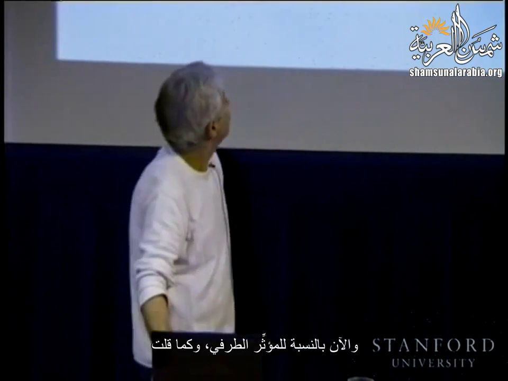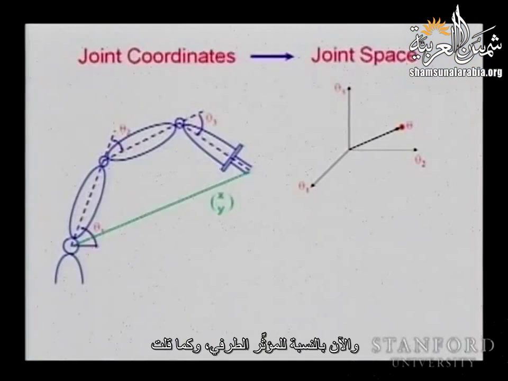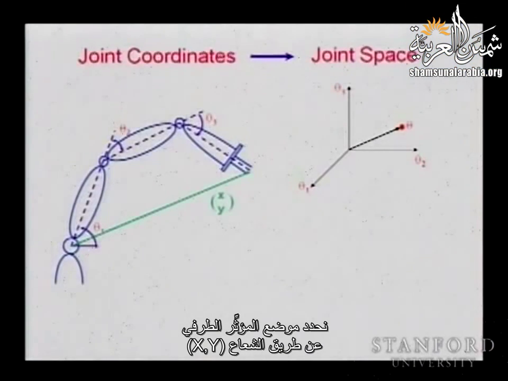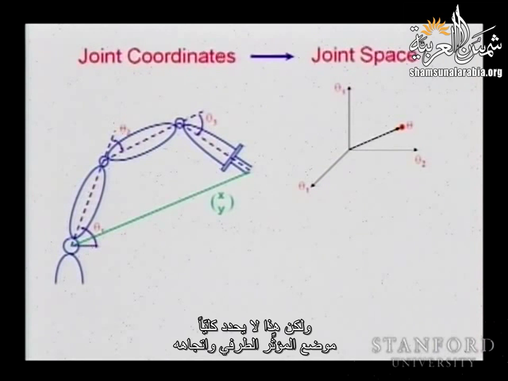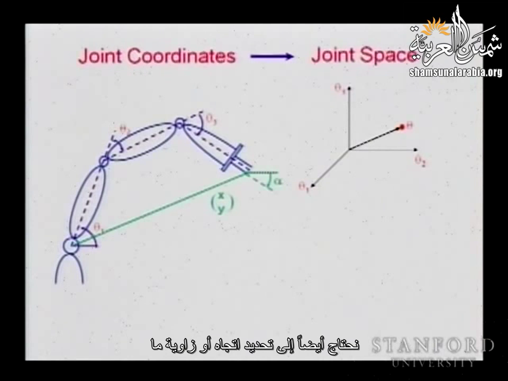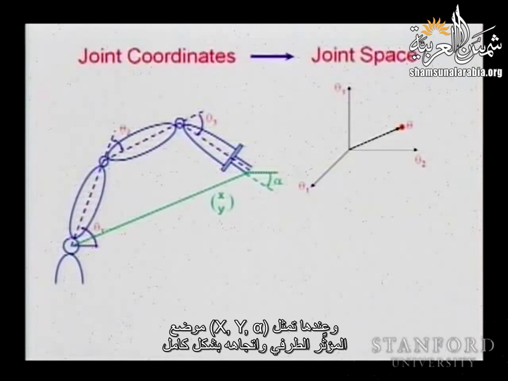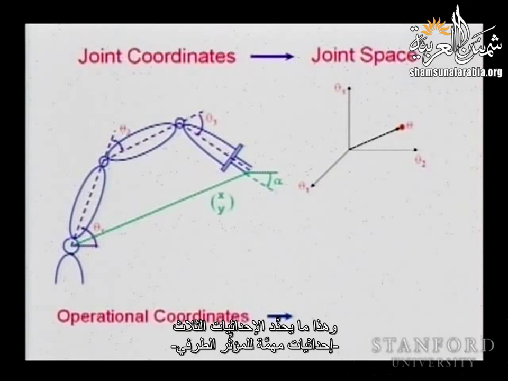Now, for the end effector, as I said, we locate the end effector with a vector x, y, but that doesn't completely define the position and orientation of the end effector. We need also to define the orientation, some angle. So we need alpha, and then x, y, and alpha fully represent the position and orientation of the end effector, and that defines the 3 coordinates, operational coordinates, for the end effector.